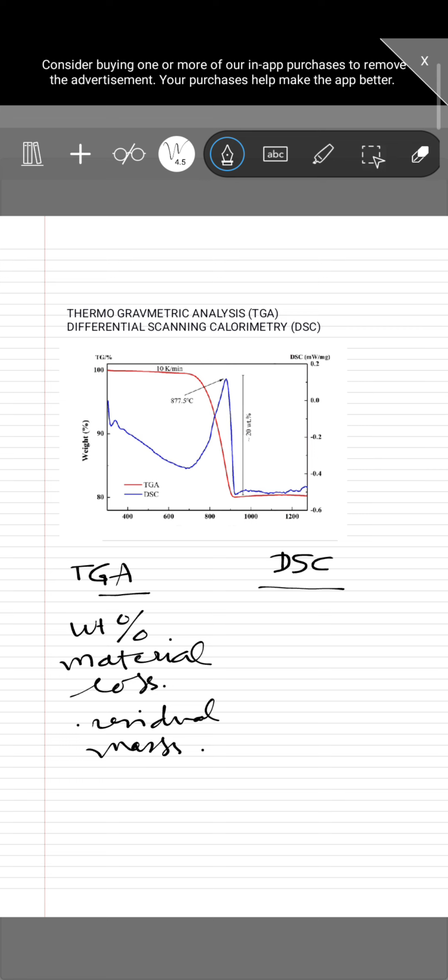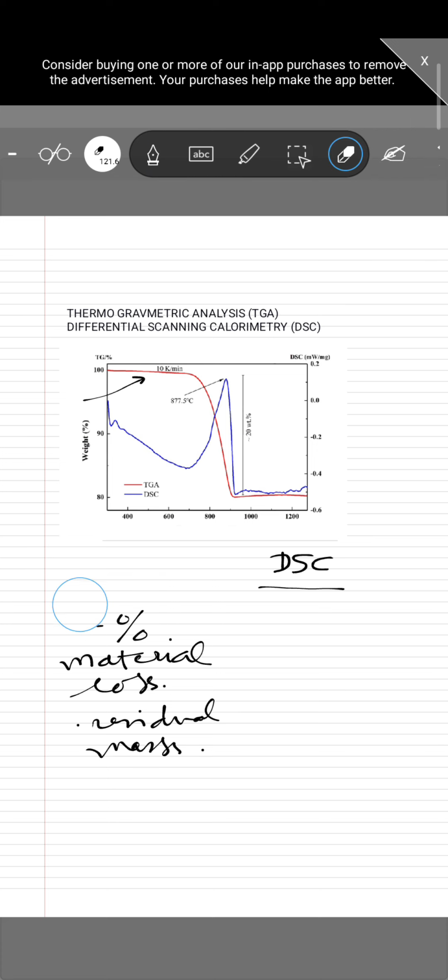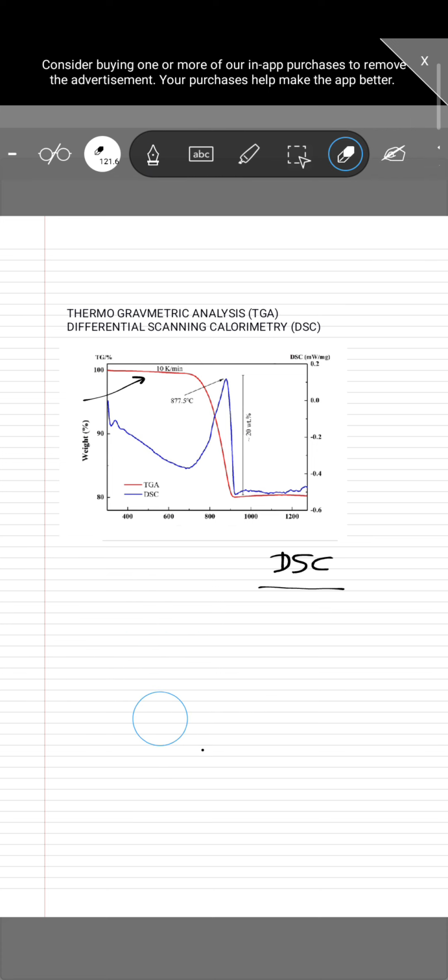Now you can see here from the diagram which is given that both TGA and DSC plots have been given. The red one here is the TGA plot, so it looks something like this. We draw a rough sketch of the TGA plot.